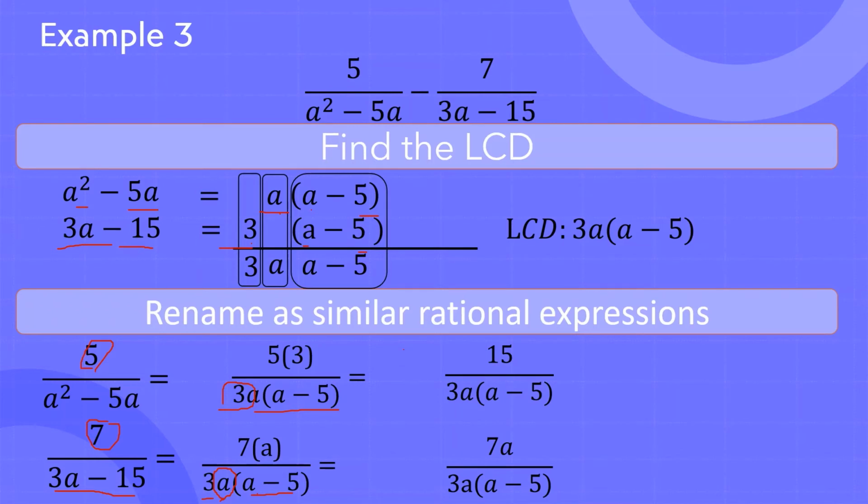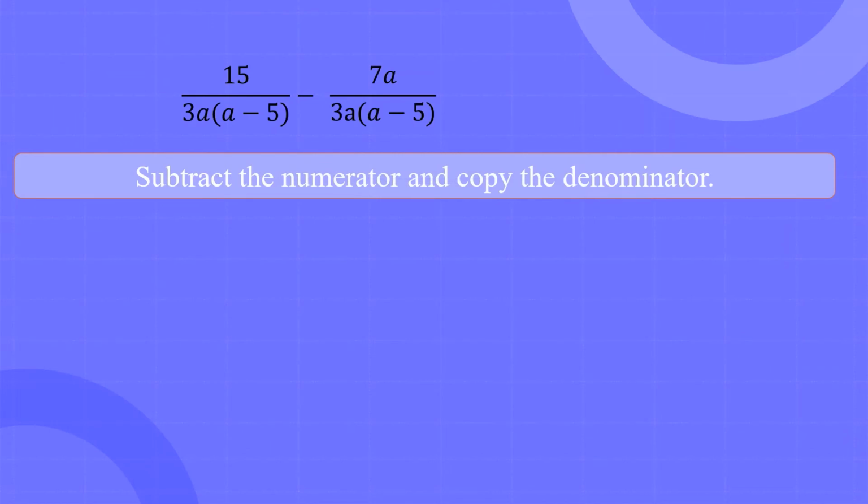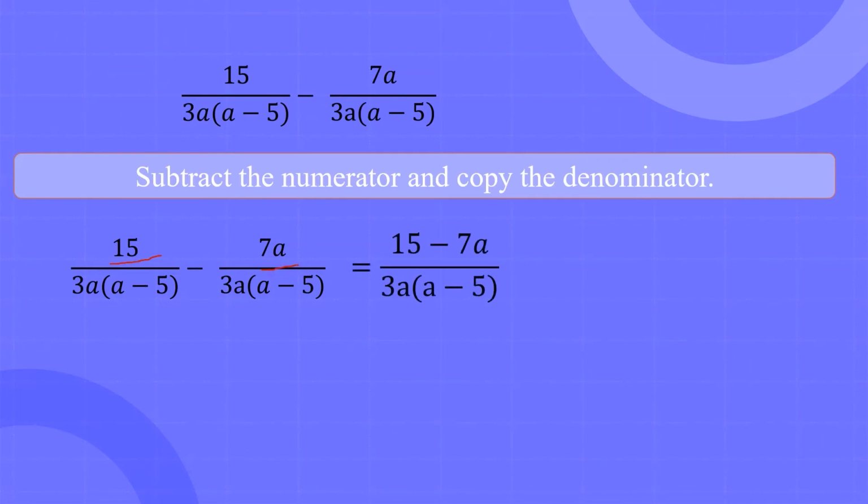Okay, so ito ngayon ang isusolve natin or isusubtract natin. So, subtract 15 over 3a times a minus 5 and 7a over 3a times a minus 5. Subtract the numerator and copy the common denominator. So, ito ay 15 minus 7a. So, we can write it as 15 minus 7a.